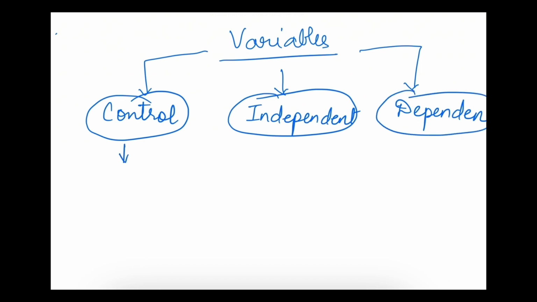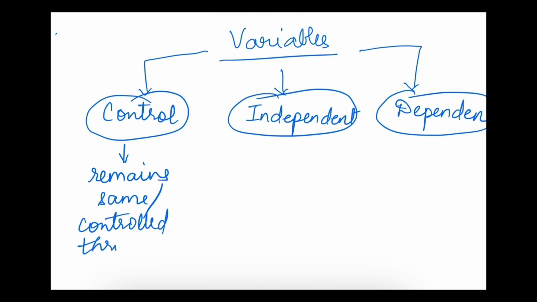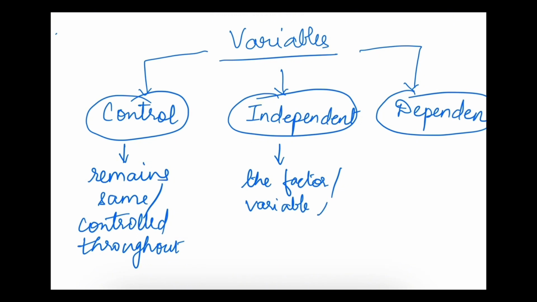Control variable that remains same or controlled conditions throughout the experiment. What is independent variable? The factor or the variable that changes in the experiment.